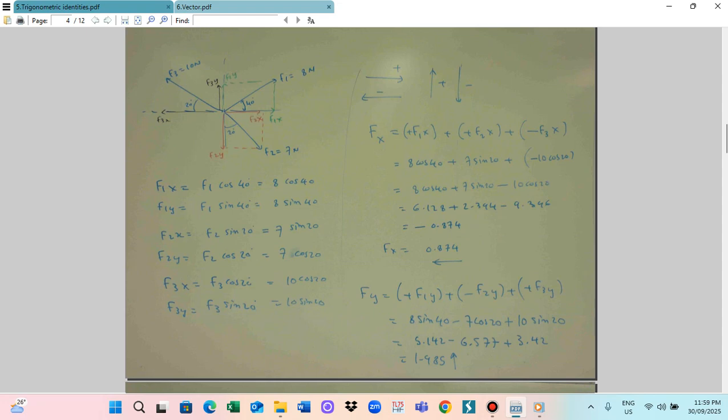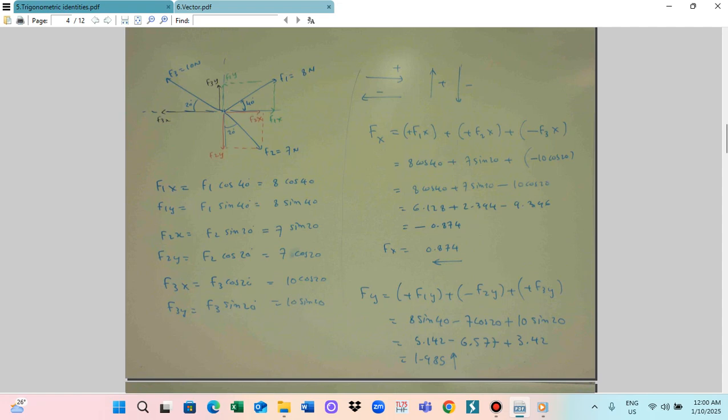So F1x is the adjacent side with this angle, so we can utilize cos. We can calculate F1x is equal to F1 cos 40 degrees, so this is 8 cos 40. And similarly, F1y is equal to F1 sin 40 degrees, so this is 8 sin 40.